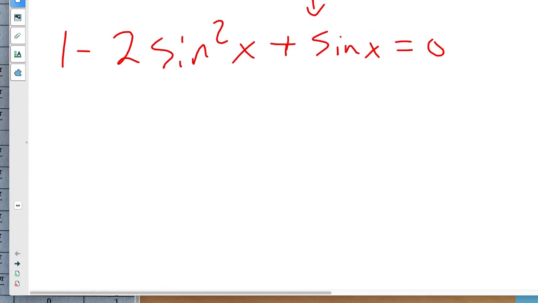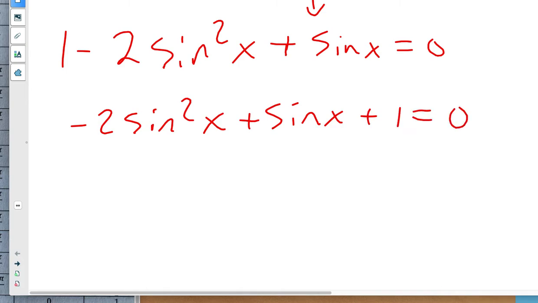So I want to factor this, so I'm going to get it in order. And I don't like a negative sign starting this problem, so I'm going to multiply everything by -1.